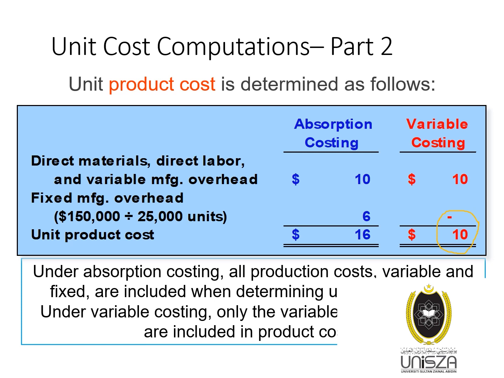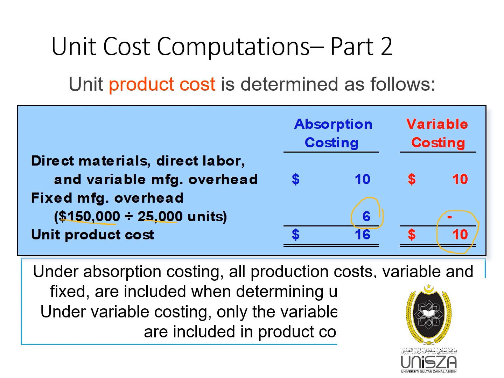Whereas the absorption costing includes the fixed manufacturing overhead. We find how much the fixed manufacturing overhead is per unit of the product. So 150,000 divided by 25,000, the number of units produced, and we get $6 per unit for the fixed manufacturing overhead. The total product cost under absorption costing is 16, and for the variable only 10.